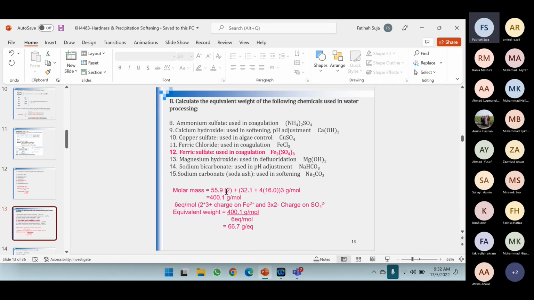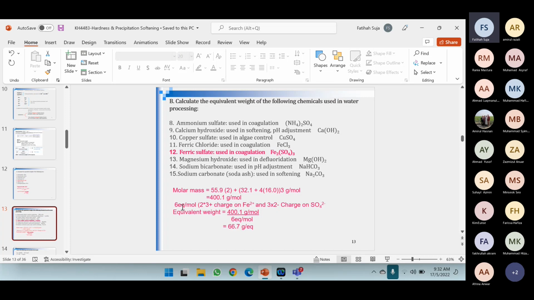So you have to multiply by 2 plus S 32.1 plus 4 of oxygen element, multiply by 16, and the whole of this lot, the sulfate, you multiply by 3. So you will get for ferric sulfate, the molar mass is 400.1 gram per mole.